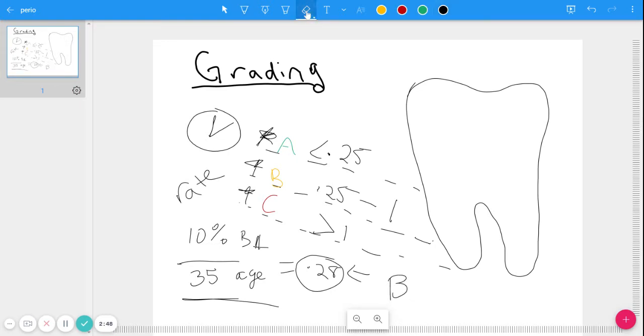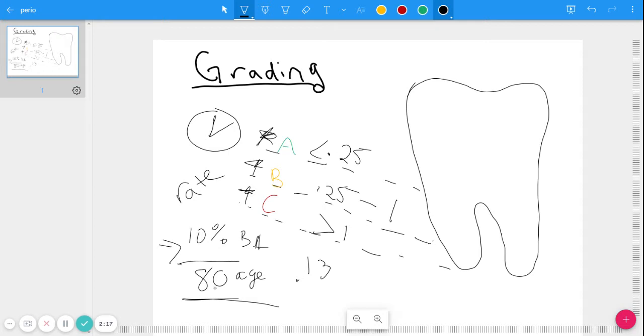But if we had a different, let me just erase this, and we changed the age. So if we had an age of, I don't know, 80, let's see what that would change it to. So 10% divided by 80, I'm just going to do it in my calculator. It's 0.13 if we round. So that changes significantly. That means the progression, 10% bone loss, and you're 80 years old, that's not going to be a very high rate.